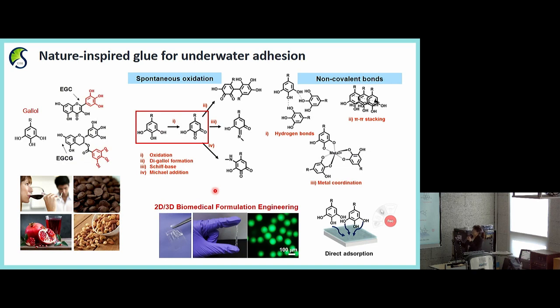Using these non-covalent bonds, we can easily coat these gallol or catechol polymer materials on any substrate. These substrates can be an electronic device, or simply biological tissue. So that is the adhesion mechanism involved in catechol or gallol chemistry.